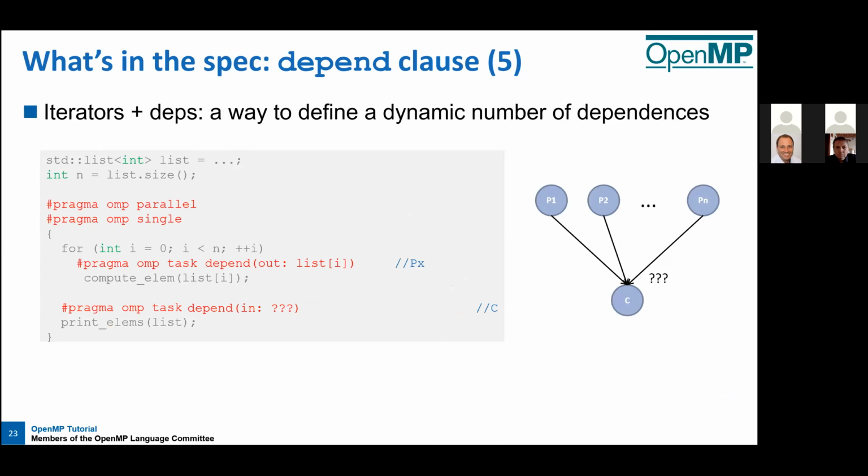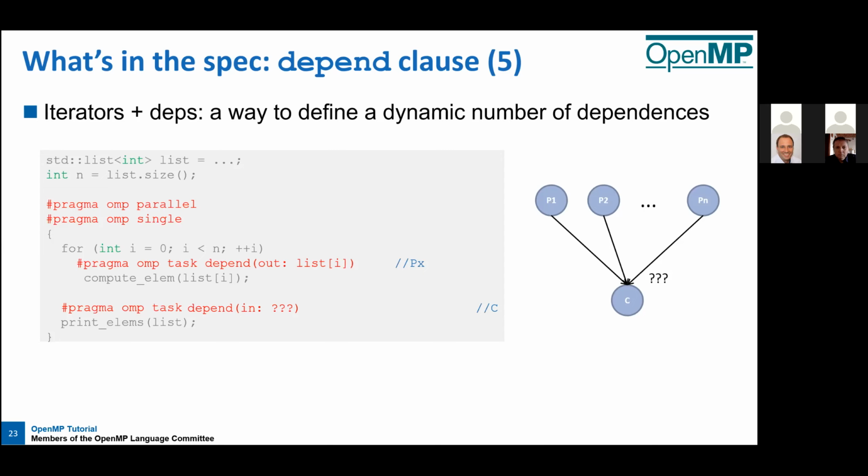Okay, and then there's a way to specify dependencies if you have a dynamic number of those. Say you have an algorithm that processes list elements, and you have a task that should depend on all the previous list elements that have been computed.